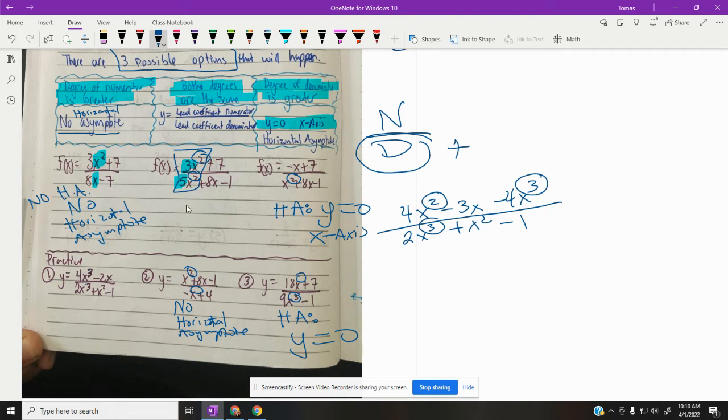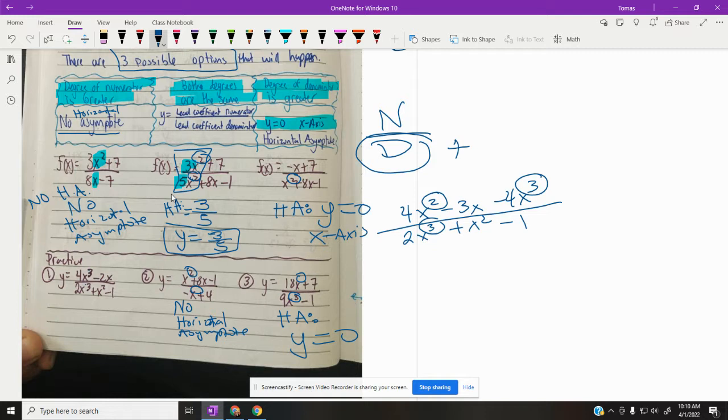Since these are the two terms of the highest degree on the top and on the bottom, I take my coefficients. So it's 3 over 5, and that is my horizontal asymptote. So y equals 3 over 5. My horizontal asymptote is strictly just the coefficients of the terms that have the highest degrees.